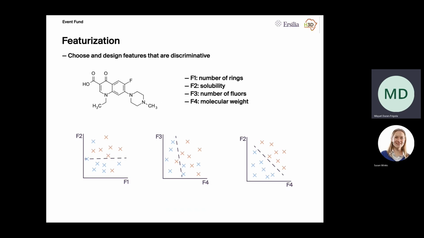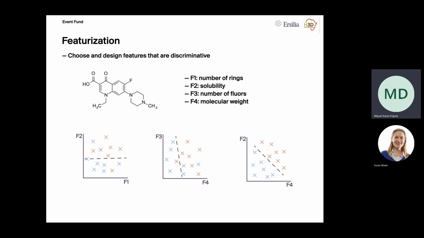Therefore, when I combine F2 and F4, I get a very good discriminative power. Intuitively speaking, I have identified two features, F2 and F4, that if I use them smartly, will be able to tell apart active from inactive compounds. So that is a successful featurization step.